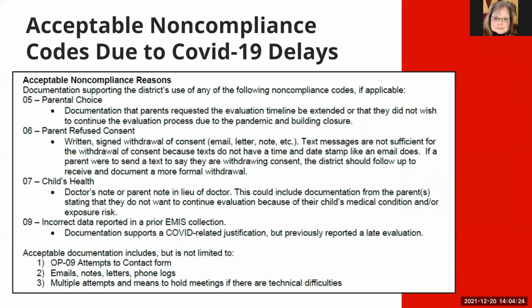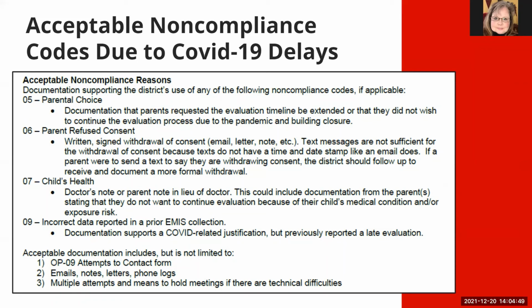Here are some of the non-compliance codes that are acceptable when there was a delay that was related to the pandemic. Parental choice. You may have had parents who did not want to bring their child in face-to-face and said they wanted to press pause on the evaluation and complete it at a later time when they felt more comfortable. So you can use that. Parent refused consent or withdrew consent.